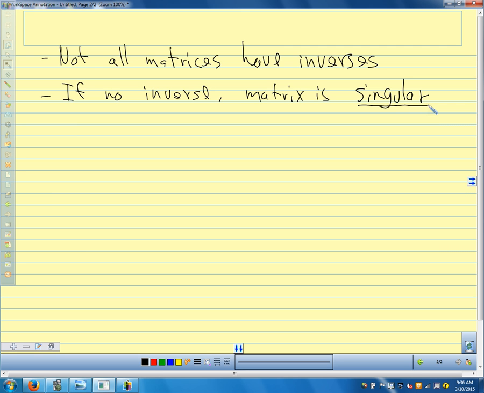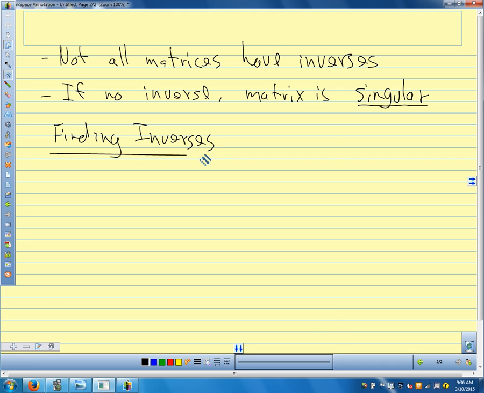So now we need to know, how do we find an inverse matrix? With numbers, it's easy to find the inverse. We divide, we subtract, we know the inverse operation. With matrices, it's a little more involved, but we're lucky because some nice things happen.